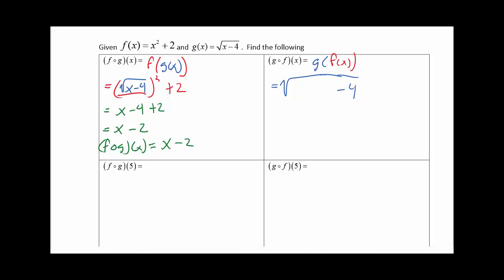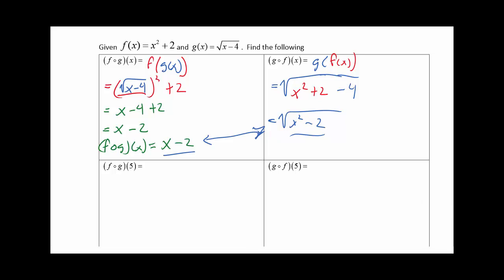And that something that I'm going to fill in is x squared plus 2. And let's see, so we get the square root of x squared minus 2. And at that point, there's not much that I can simplify, but it is worth noting that those are not the same. So again, order still matters. Still matters which direction we simplify that with.